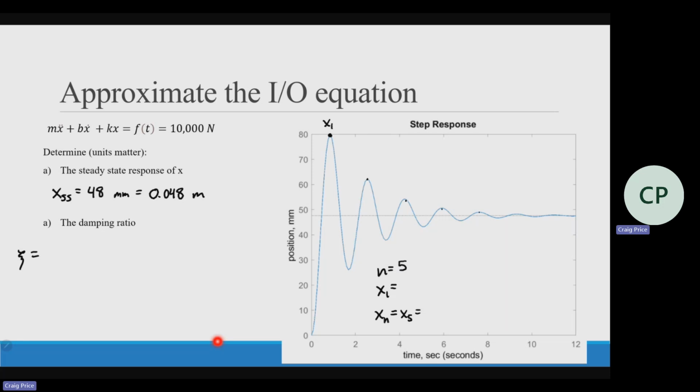First off, what's the absolute value of X1? 80 millimeters. What's our steady state? We said 48. So this is 32 millimeters or 0.032 meters. It's always the difference from that peak to the steady state value.